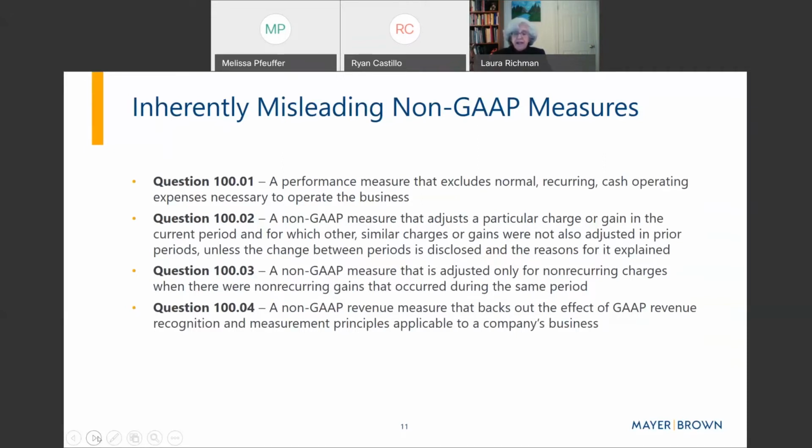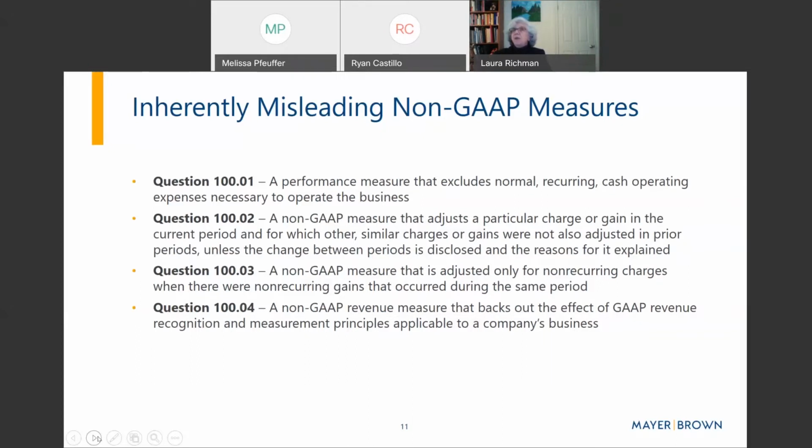Now, as this slide indicates, there are non-GAAP measures that the staff has concluded are inherently misleading. For example, a performance measure that excludes normal recurring expenses that are necessary to operate the business, or adjustments that aren't consistent with prior periods unless changes are disclosed and the reasons explained.